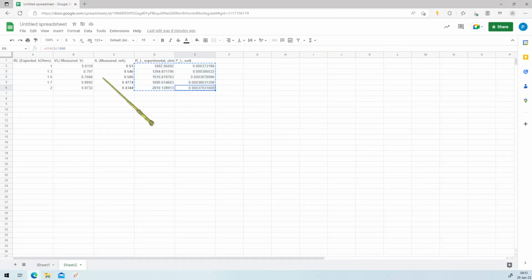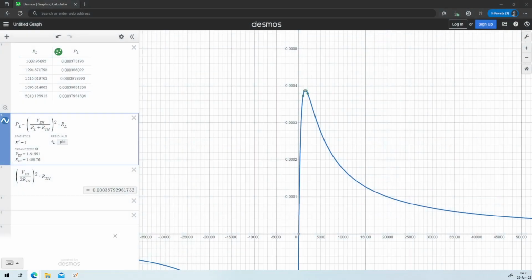From our experiment sheet, we know VL and we know IL. We just want to calculate the actual RL from the experiment and the actual PL from the experiment. And with those two, we can plug them into a program called Desmos.